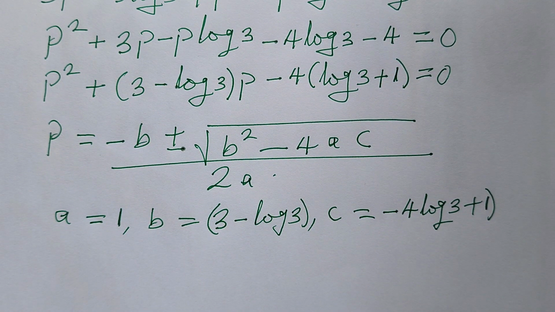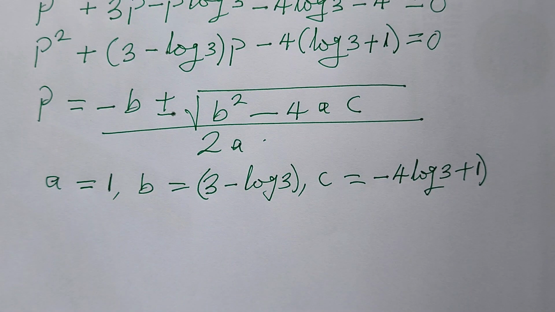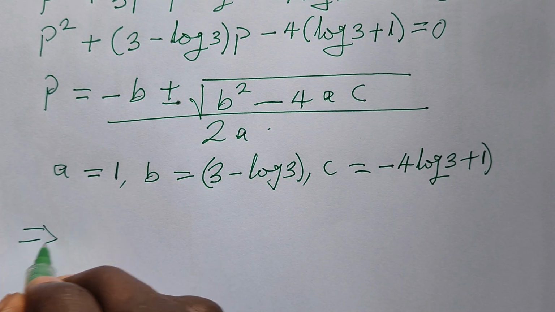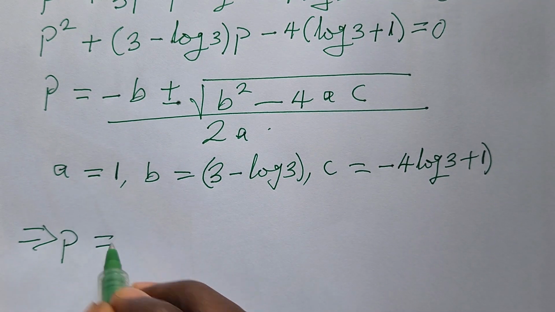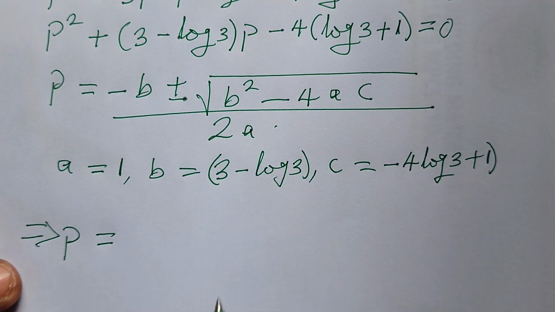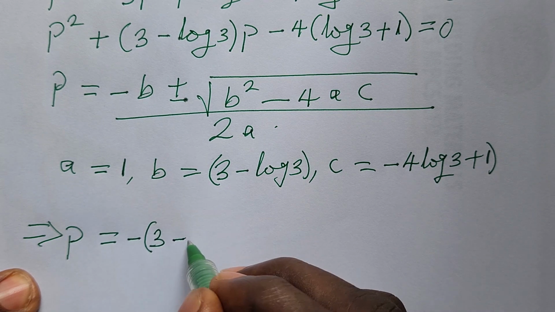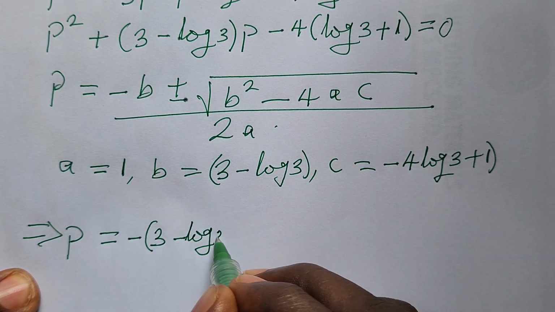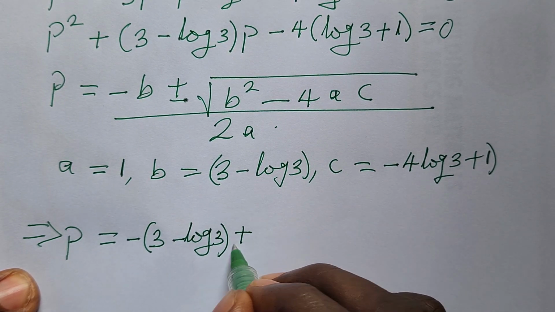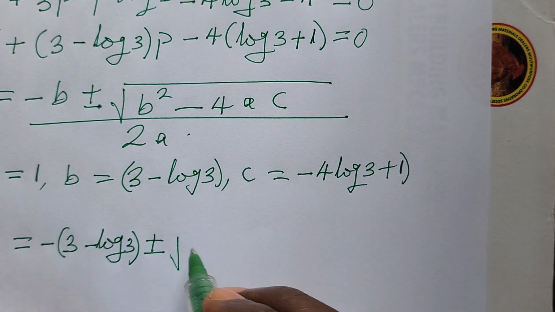Oh, this might give us some challenge, but we're going to get to the root of this. So what we do now is just a matter of substituting into our formula. So let's go ahead and do that. This now implies that our p will be equal to, what is our b? Look at b here. So I have minus bracket 3 minus log 3 close bracket, plus or minus the square root.